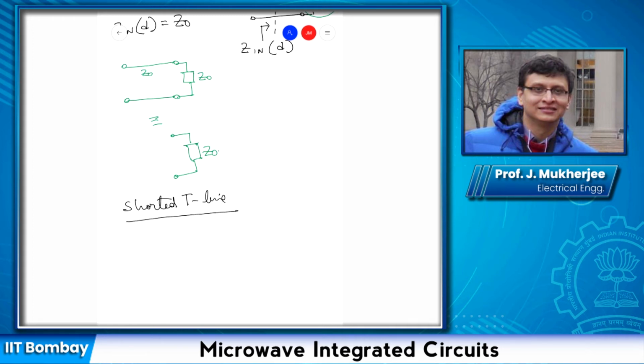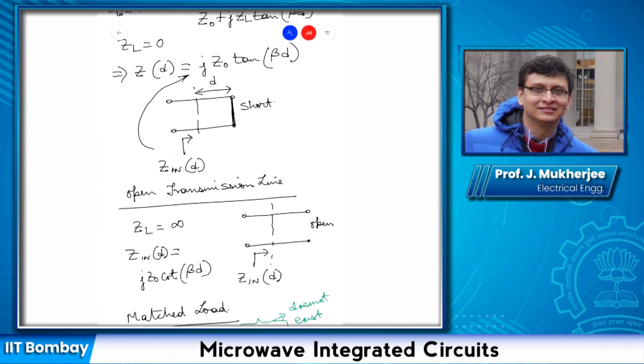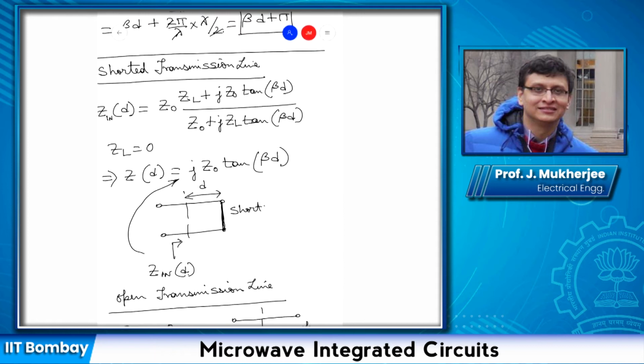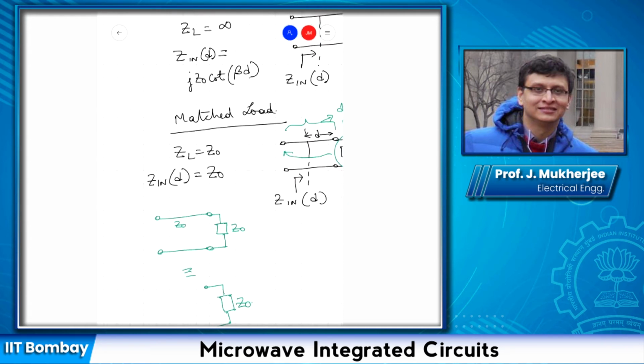Now coming back to the shorted T line, the shorted T line and open T line, we will be using them a lot. If we go back to the expression for the input impedance of a shorted transmission line, we see that for a lossless shorted transmission line, the impedance is purely reactive. There is only the imaginary component. There is no resistive component to the impedance.